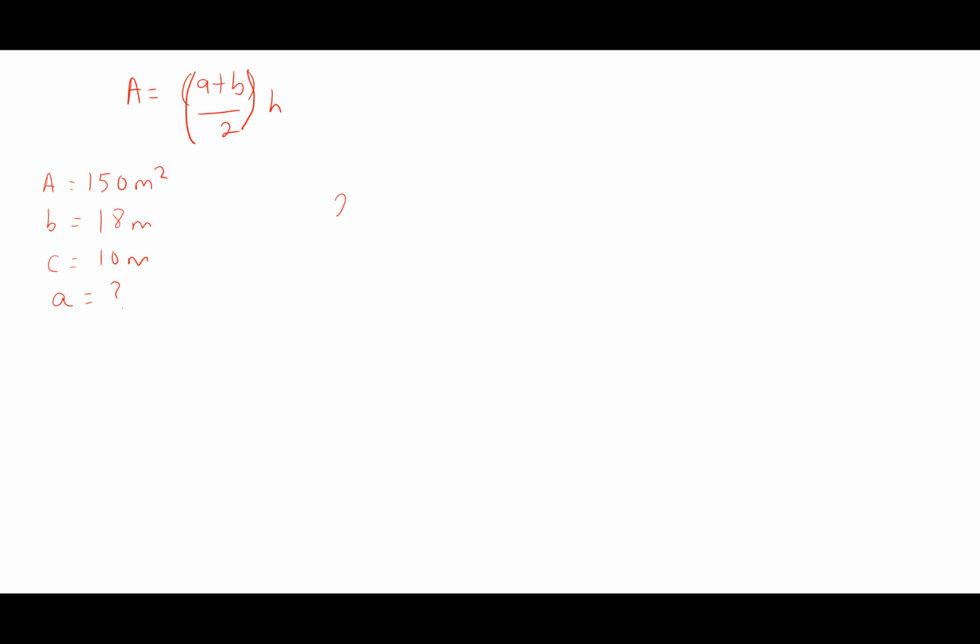So we're going to multiply all this by 2. So to do that, we're going to get 2A equals (a plus b) times h, with the big parentheses here, and all that times 2. Okay, so we'll multiply everything by 2. So when we do that, we know this is going to cancel.